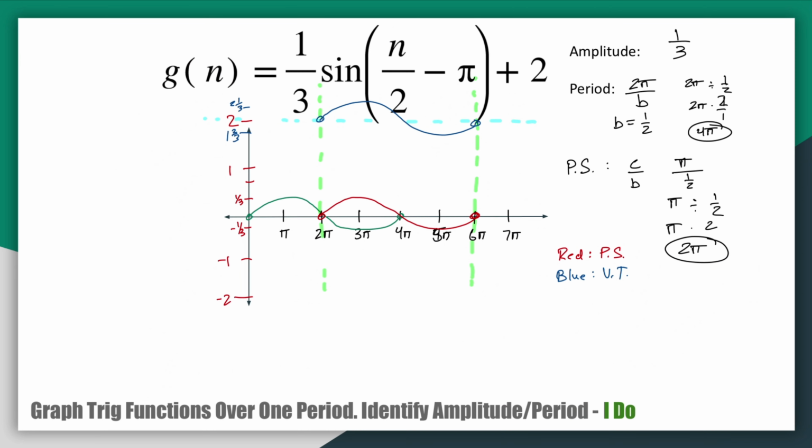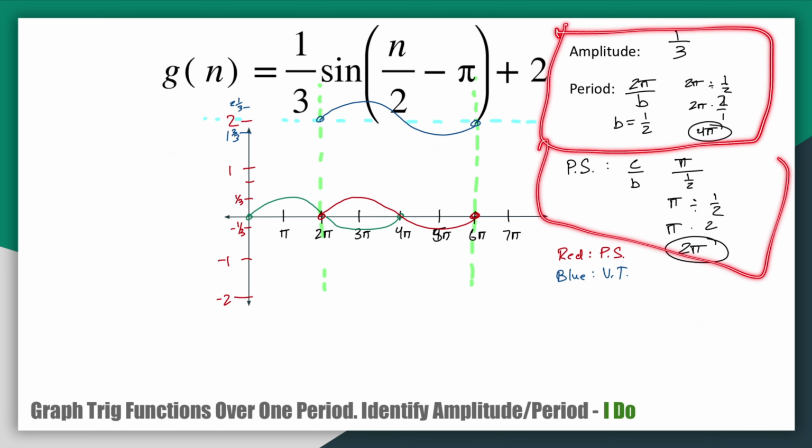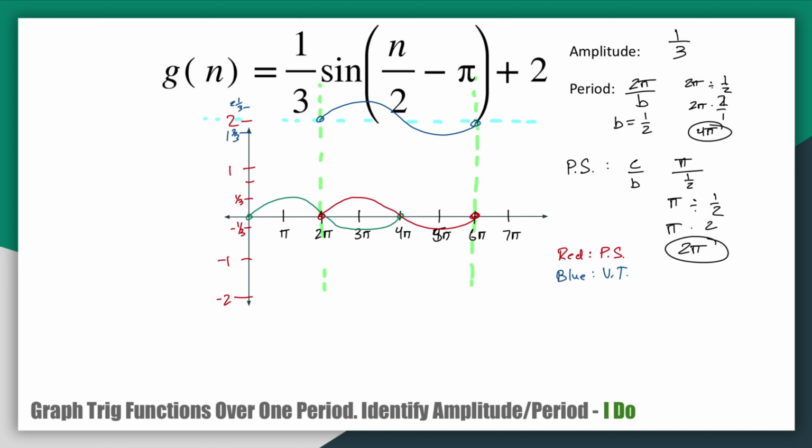I recommend graphing your amplitude in the original period first, then dealing with your phase shift, and then dealing with your vertical translation. Technically, you could do your vertical translation first and then your phase shift, but if you do your vertical translation first, you're already up here, and then you have to move over, and you don't have the benefit of the things written on the axis, okay? So I highly recommend doing it in that order. I think it'll make it easier, okay?